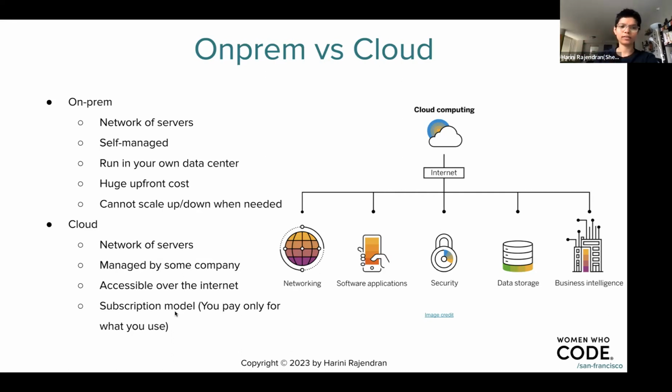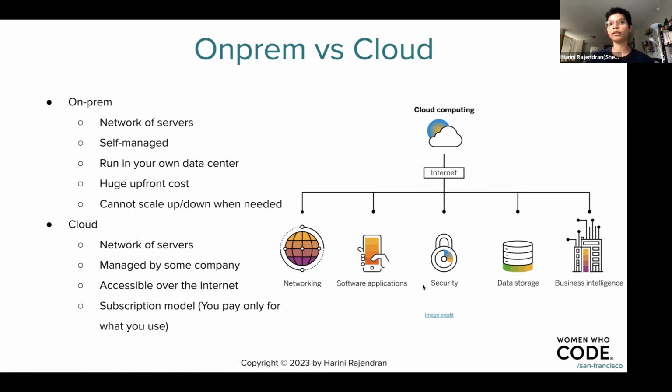So this is what cloud computing is, and these are some of the advantages. As you see here, cloud providers take care of networking between all the different softwares. Usually software applications are hosted. Since you're accessing these applications over internet, security is very important in the cloud, because let's say you store some mission critical data like health data or financial data, right?